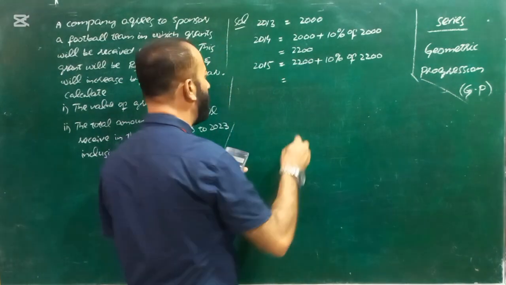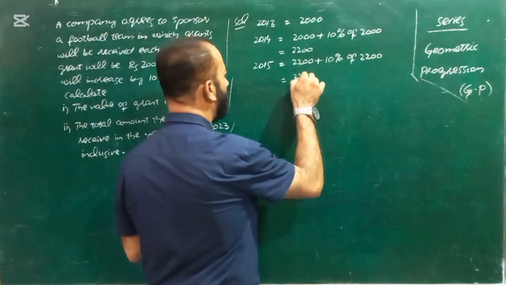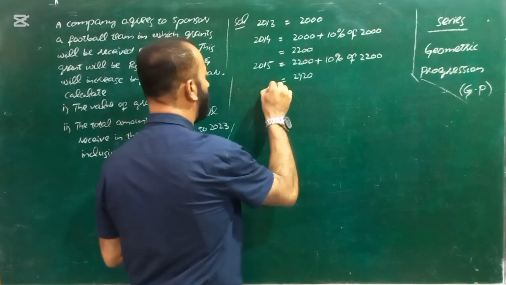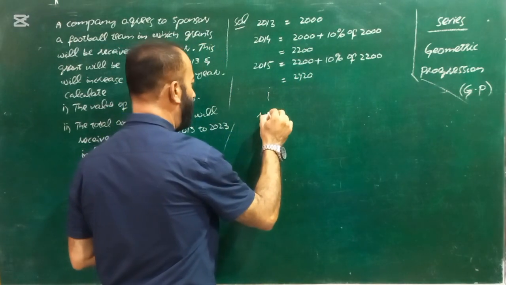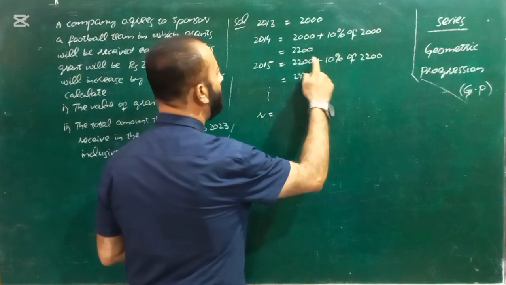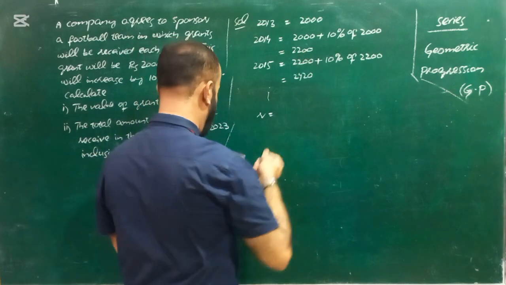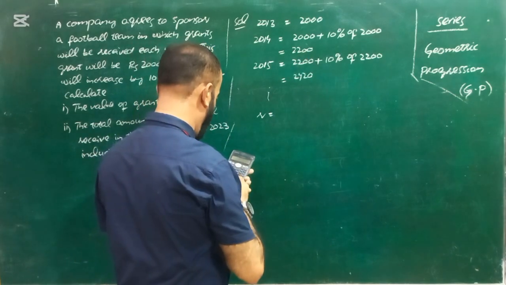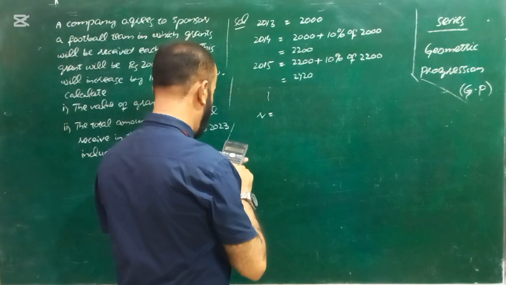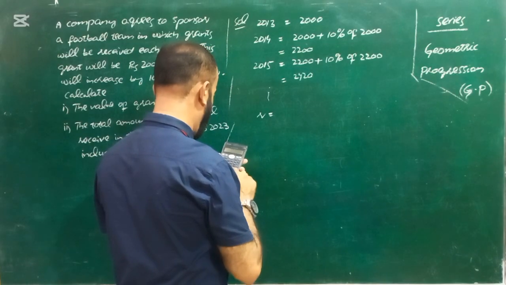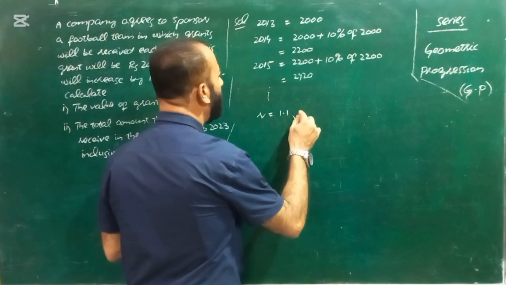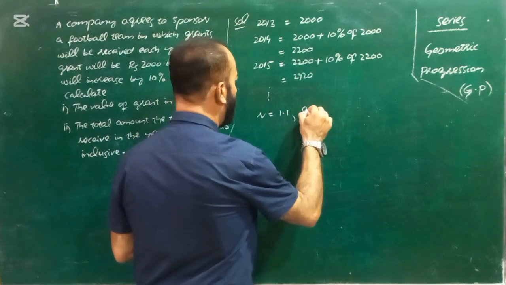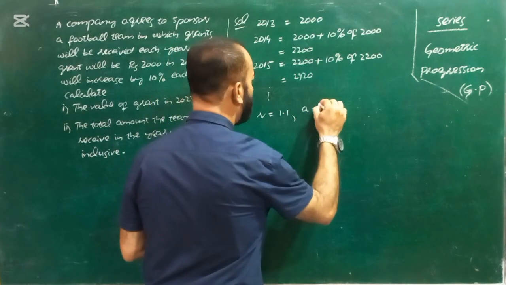That is 2420. And so on. So from here you can see the ratio can be found by putting 2200 in the numerator divided by 2000, that is 1.1. The first term is 2000.